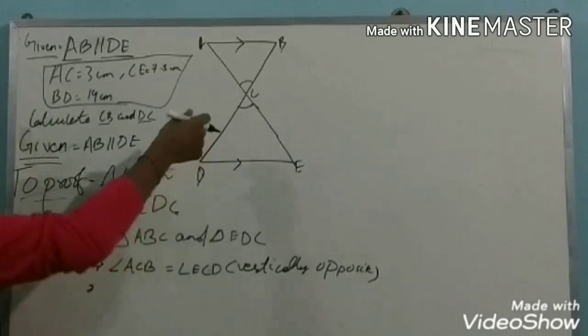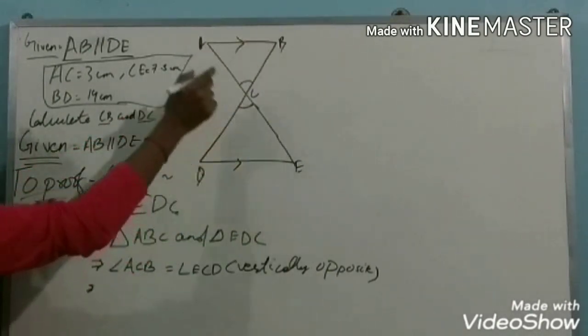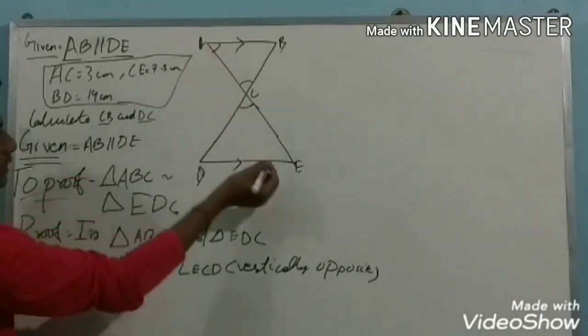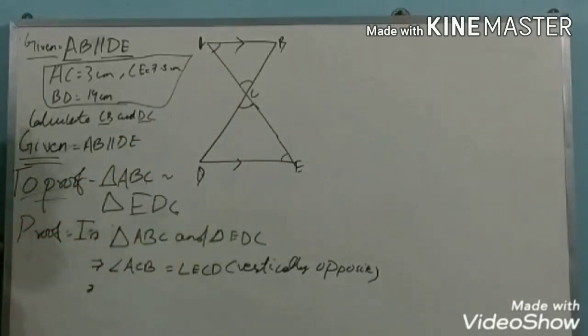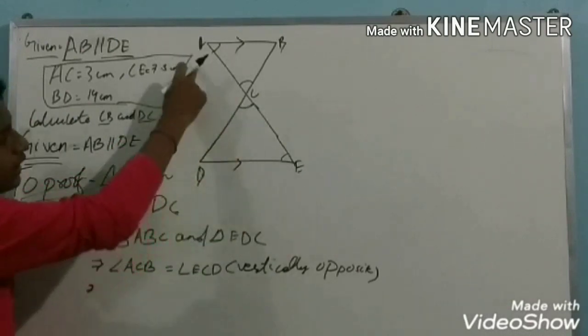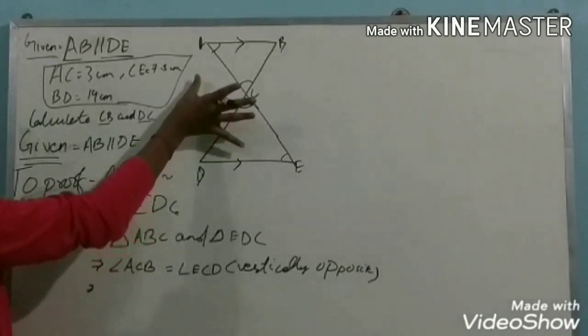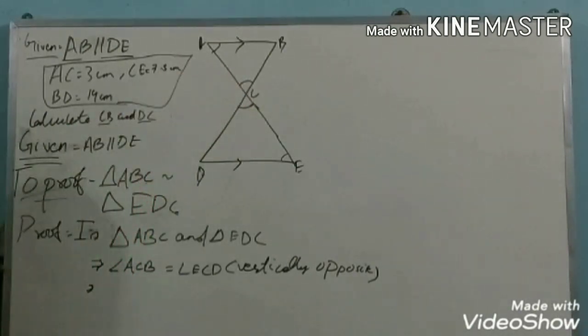In this triangle, as we know that AB is parallel to DE, angle A is equal to angle E. Angle A and angle E are alternate angles, so this can be said as alternate interior angles.